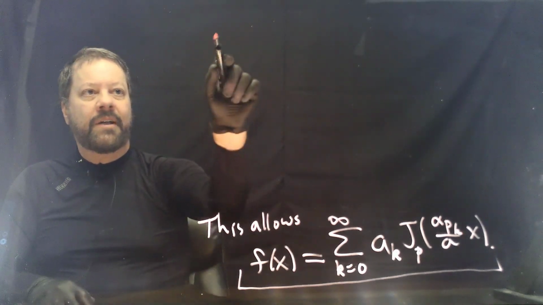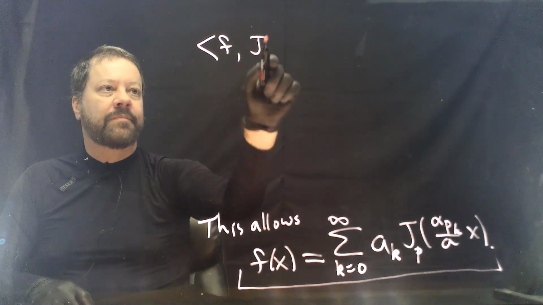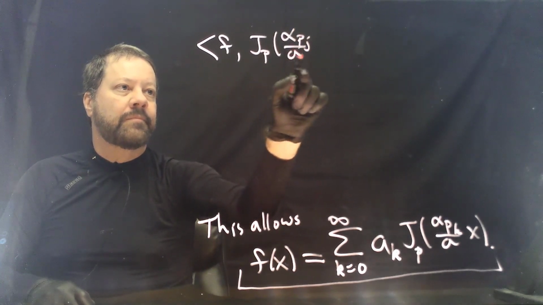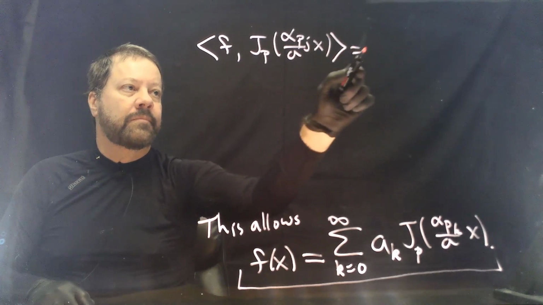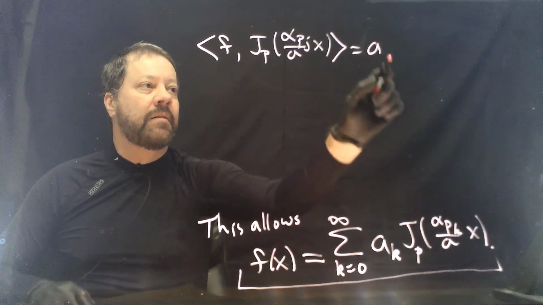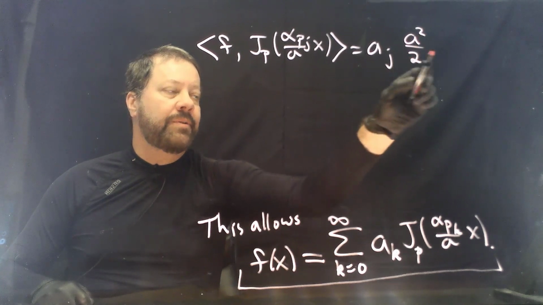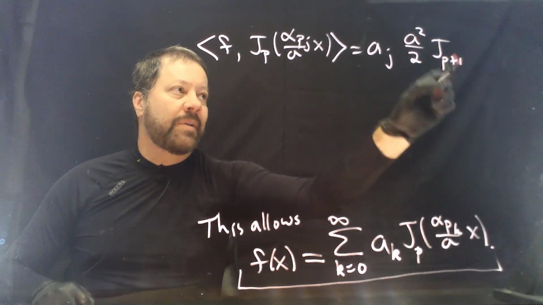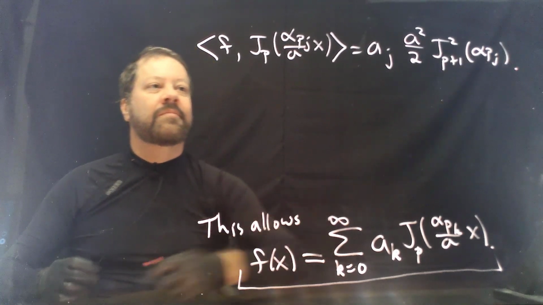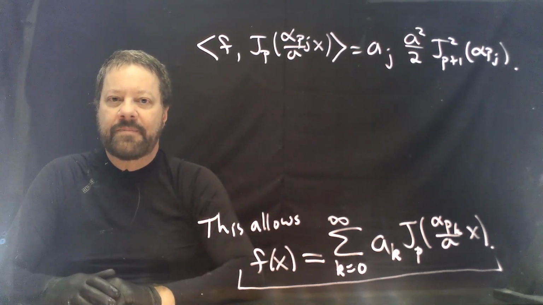We'll be able to construct these Bessel series coefficients then, just taking the inner product, you'll have a squared over 2 times J_{p+1} squared evaluated at alpha_pj, allowing us then to solve for these Bessel's coefficients.